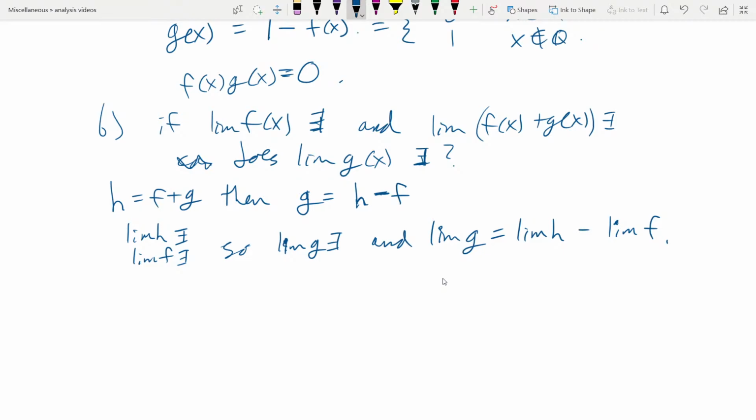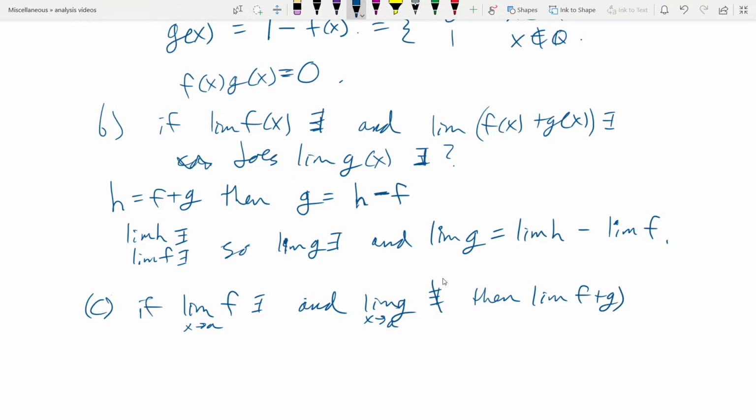So for part B, or sorry, part C, if the limit of f exists and the limit of g does not exist, again as x approaches a, then the limit of f plus g as x approaches a does not exist.